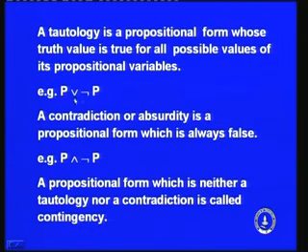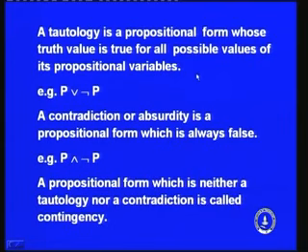When P is false, not P will be true. So, this compound expression will be true because one of the components is true. So, whether you give the value 0 or 1 or false or true to P, this compound expression is always true. Such an expression is called a tautology. A tautology is a propositional form whose truth value is true for all possible values of its propositional variables.